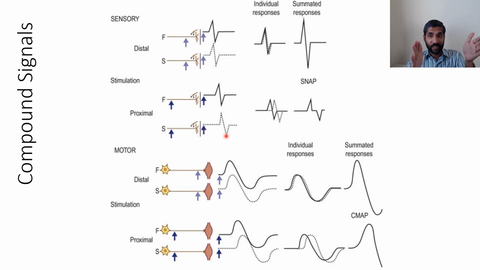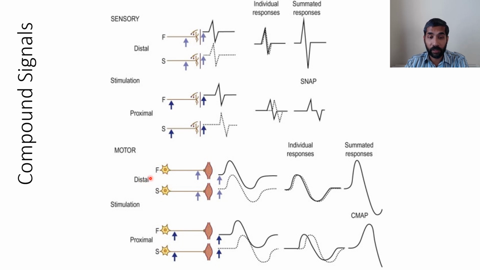So there's a kind of a dispersion, isn't it? And because of that, can you see the SNAP shape changes compared to this shape when you are stimulating closer to the recording electrodes? You can see the same thing in motor neurons as well.